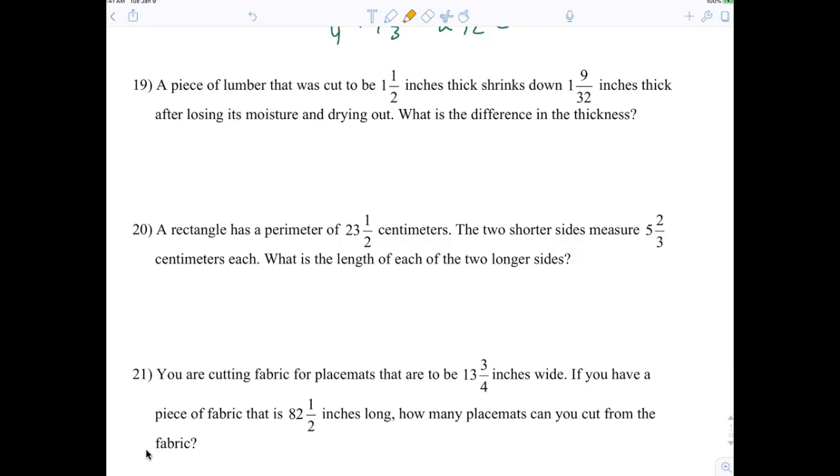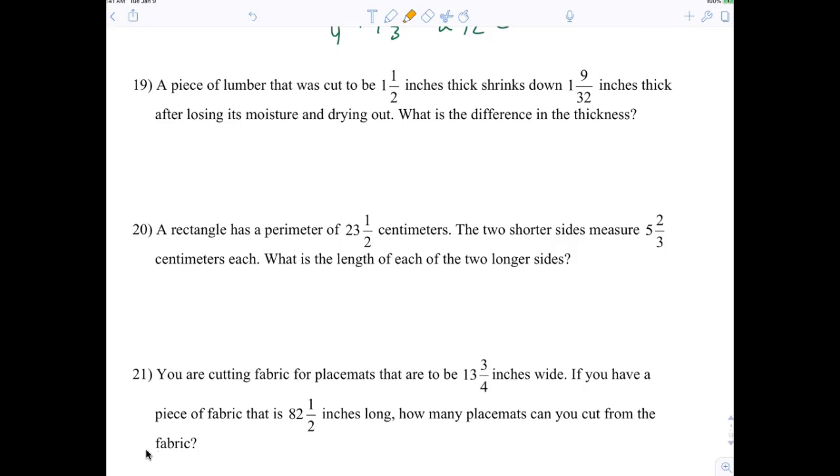Lily. Either one. Hayes, you read 19 for me. A piece of lumber that was cut to be 1½ inches thick shrinks down to 1 9 over 32 inches thick after losing its moisture and drying out. What is the difference in the thickness? What do I do? You just subtract. So subtract, somebody.